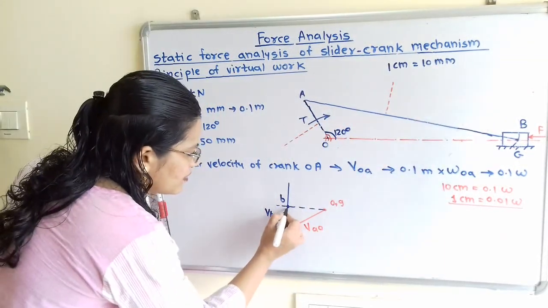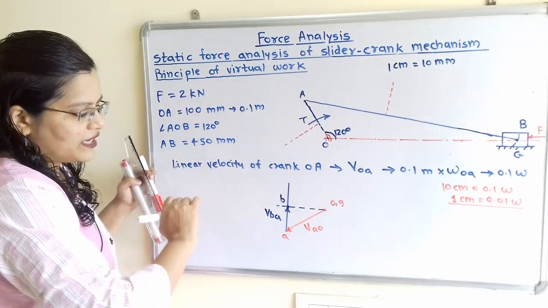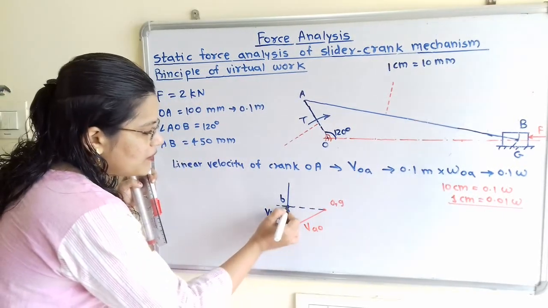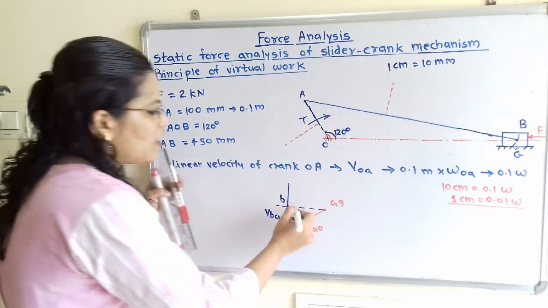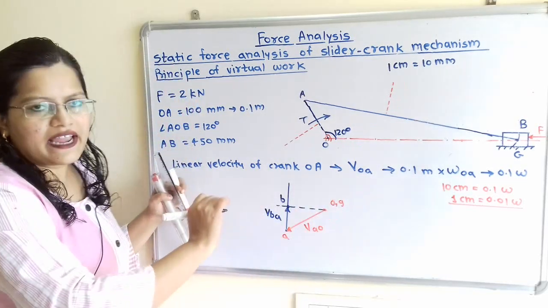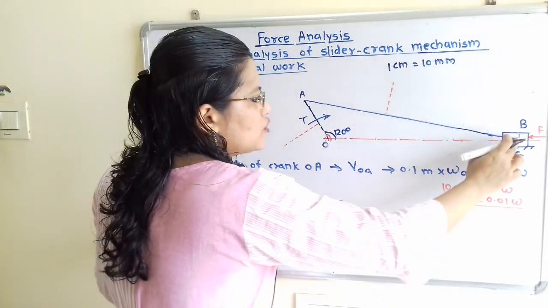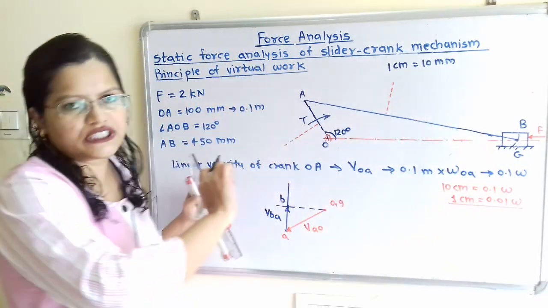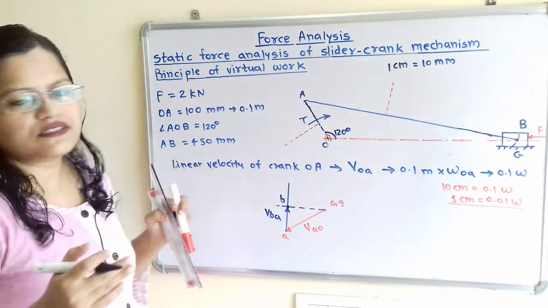Now we will give the direction here, that is in the upward direction. A is the initial point, B is the final point. Now this is the velocity of the slider, that is the velocity of B with respect to G. So how can we show this?